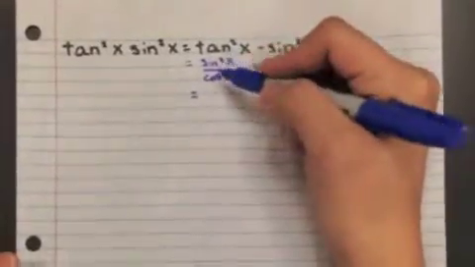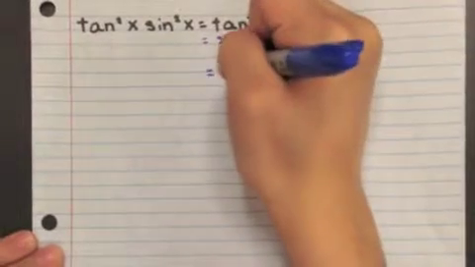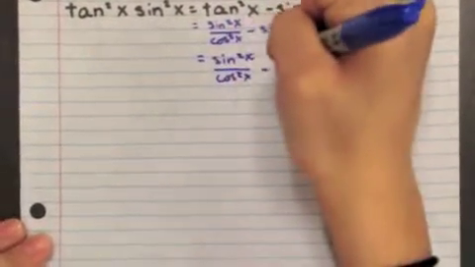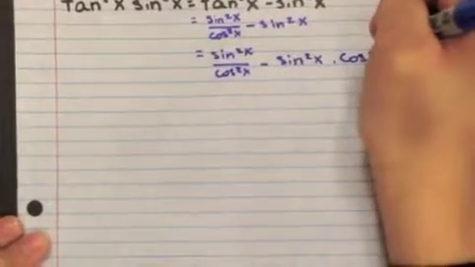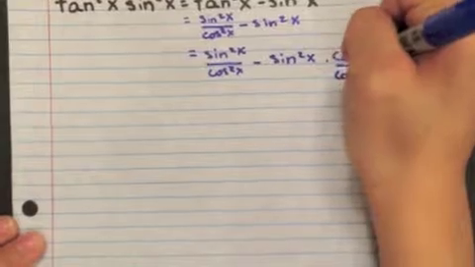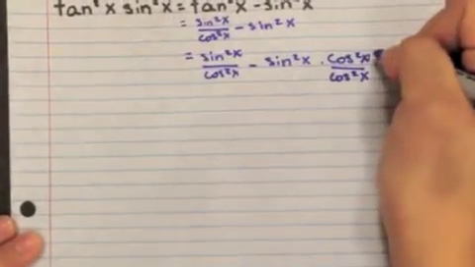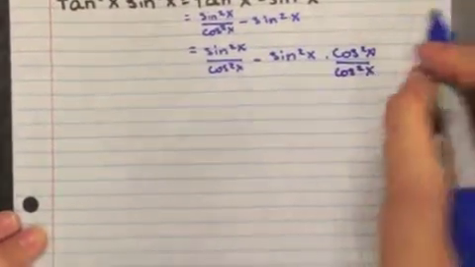So now that you have a fraction, it's probably best to change sine squared x also into a fraction. So I'm going to multiply sine squared x by cosine squared x over cosine squared x, which you can do because that equals 1. And that way you have a common denominator of cosine squared x.